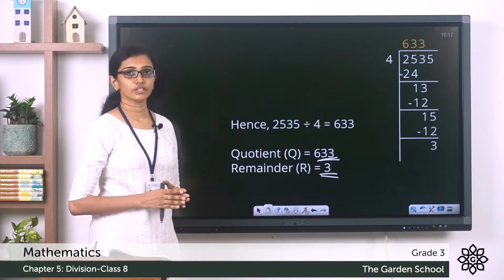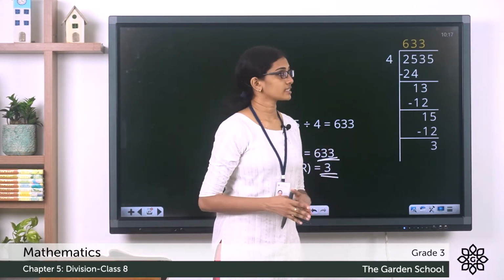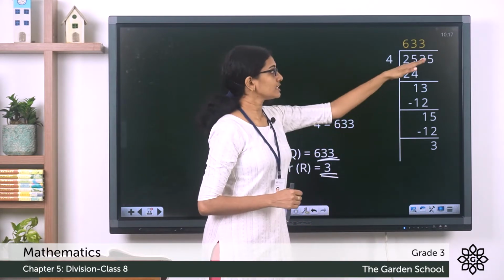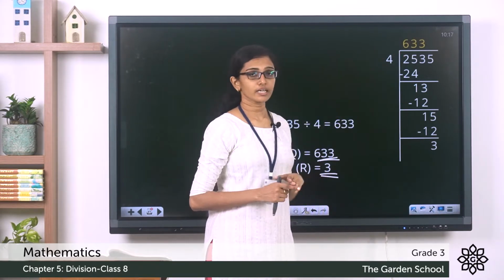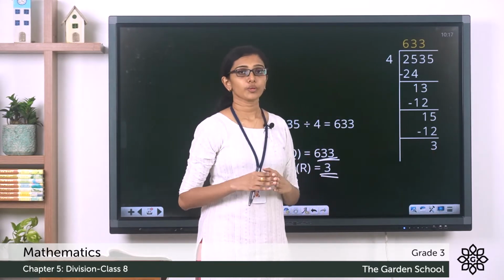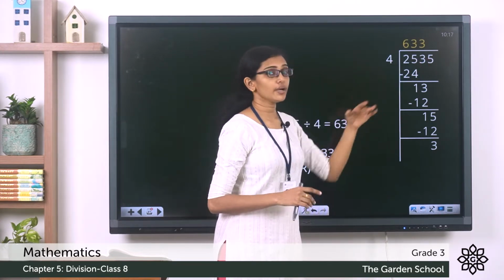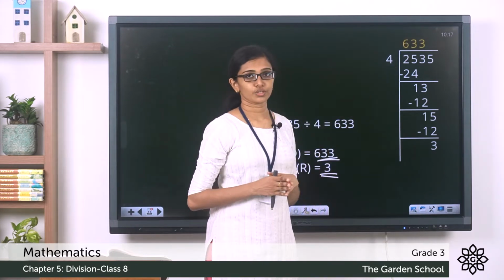So we have completed the division, and what was our question? 2535 divided by 4. So when this number was divided by this number, we got a quotient here and a remainder. Or we can say this dividend 2535 is equal to this divisor times this quotient, right?